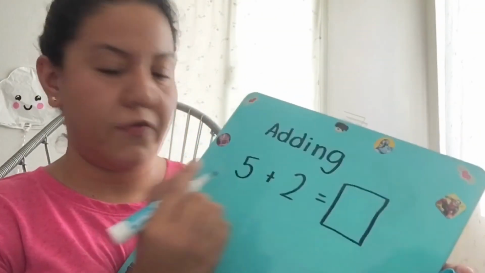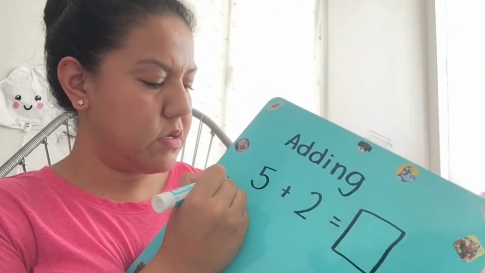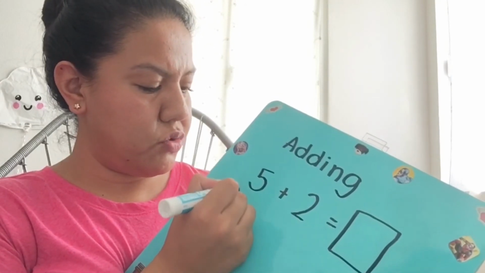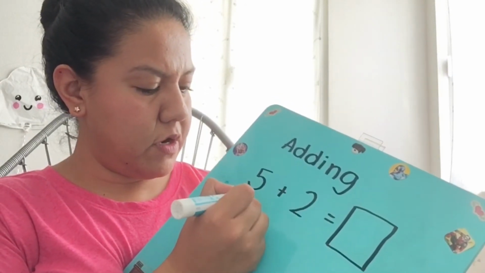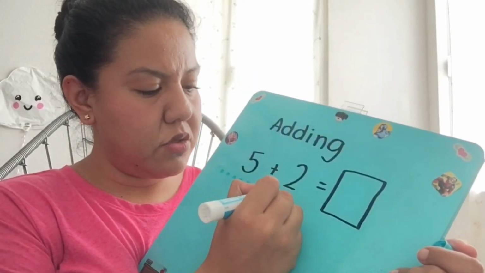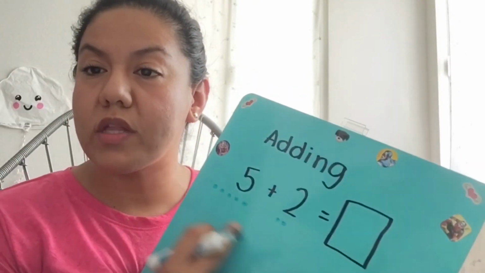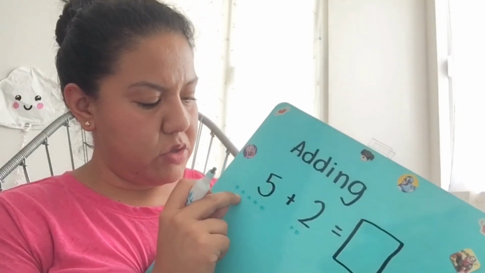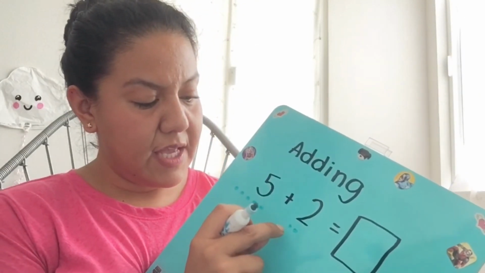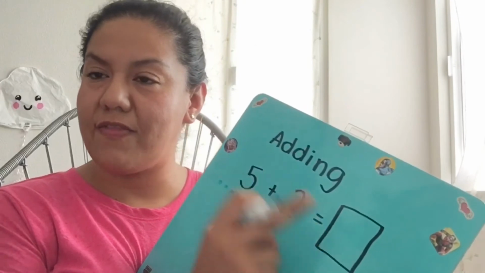If we have the number 5, I'm going to draw 1, 2, 3, 4, 5. And we have the number 2, 1, 2. And now we'll count together. 1, 2, 3, 4, 5, 6, 7. And that's the answer.